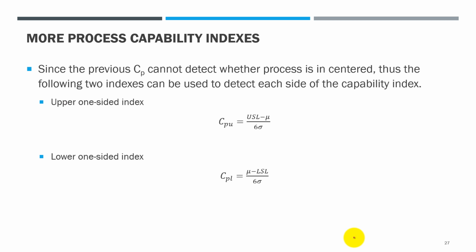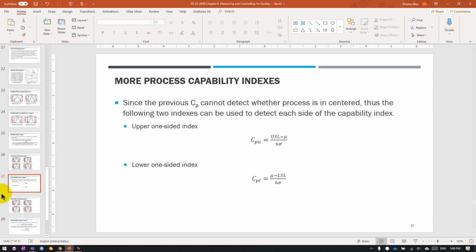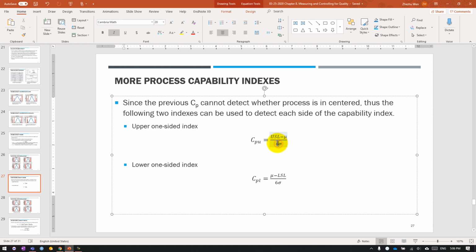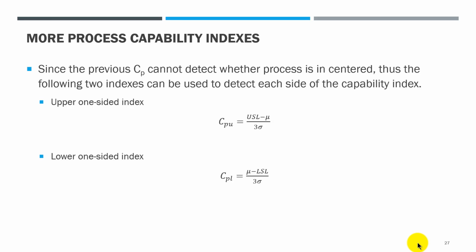So the better way to capture that is, sorry, I think I need to correct this here. We need to correct it back to 3. We are measuring the upper spec limit and lower spec limit separately. We'd like to make sure whether, in the upper part, you have enough standard deviations from the center to the spec limit.